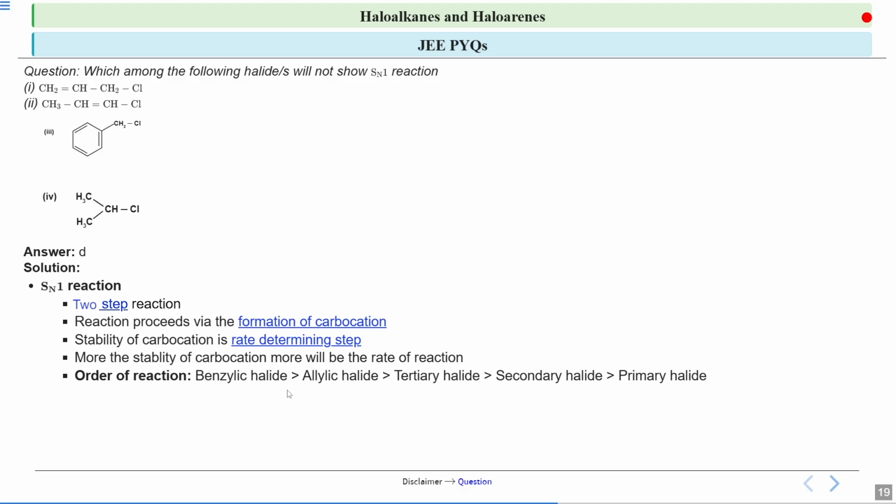So the order of reactivity is highest for benzylic halide, then allylic halide, then tertiary halide, then secondary halide, and least for primary halide, because primary halide will give a primary carbocation, which is the least stable carbocation. Secondary halide will give a secondary carbocation, which is more stable than the primary carbocation, and like that we have this order of reactivity shown by various halides.